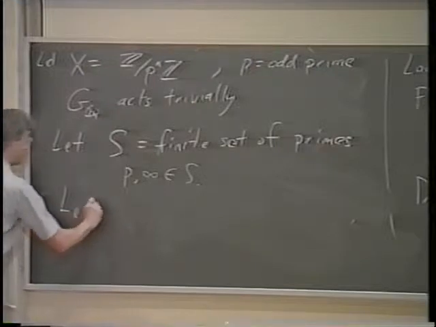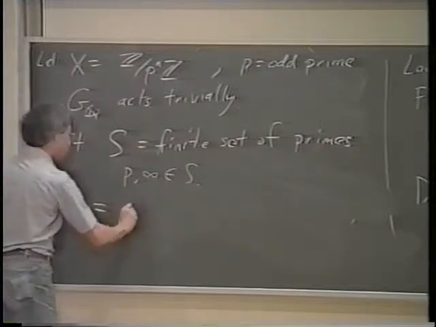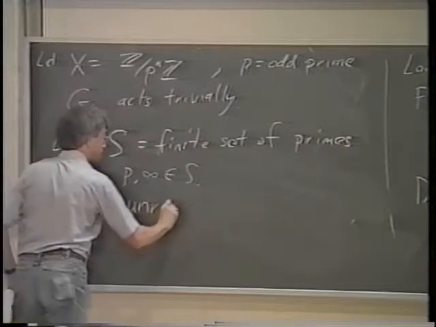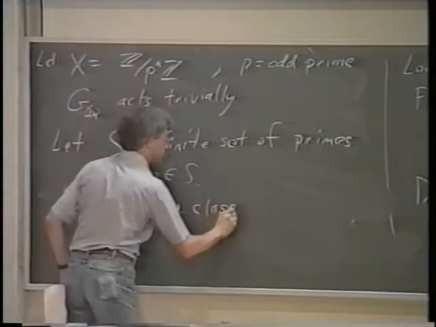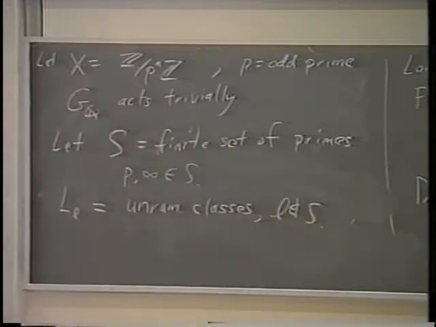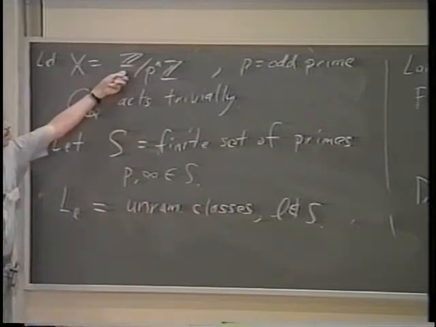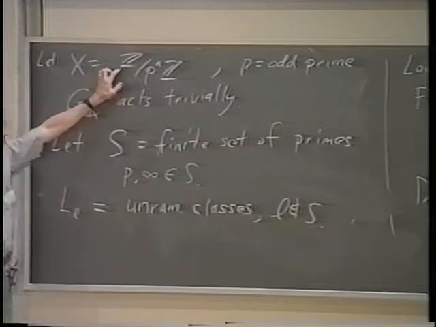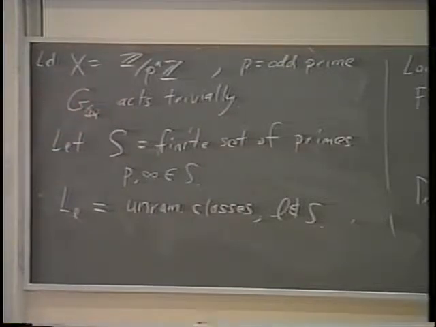So L sub L equals, well, we'll just call it the unramified classes when L is not in S. So what we're really going to be doing here is looking at the finite extensions with Galois group a subgroup of Z mod p to the n, and we're going to have them unramified outside S. Of course, any finite extension of the rationals is unramified outside a finite set of primes, so if we keep enlarging S, eventually we'll include all extensions we need.